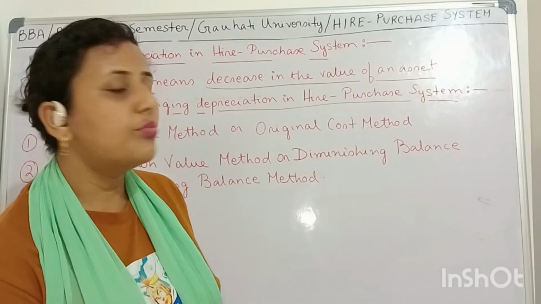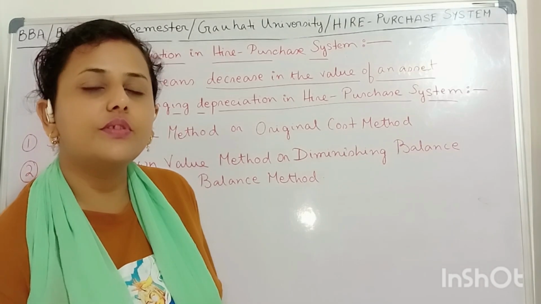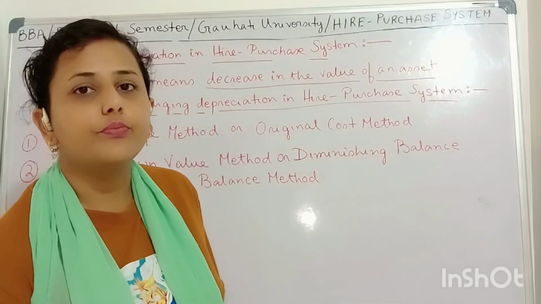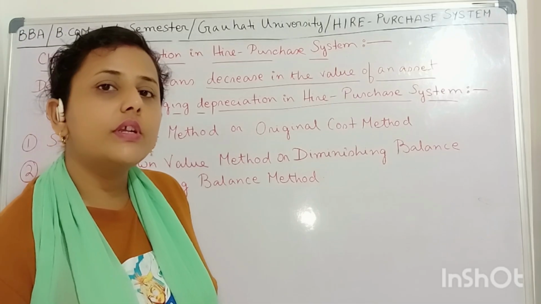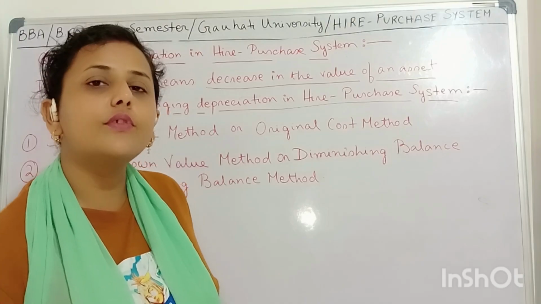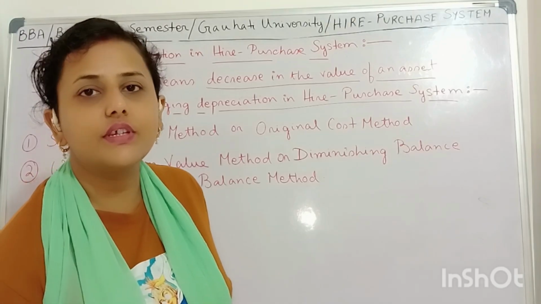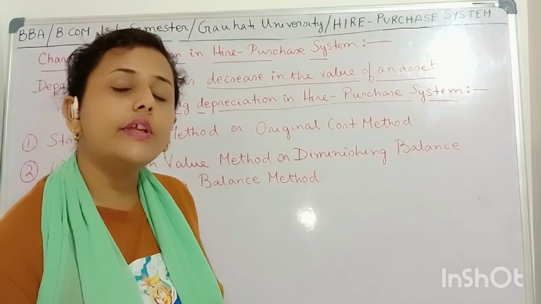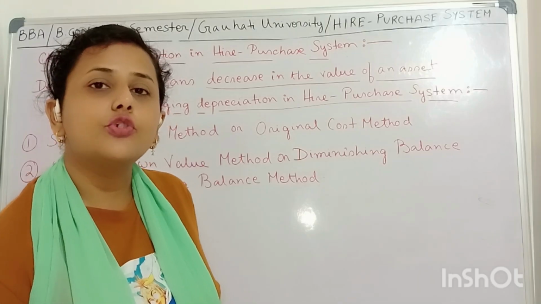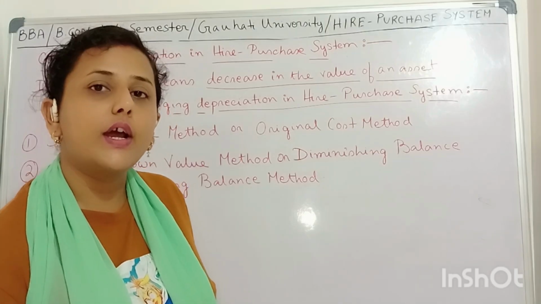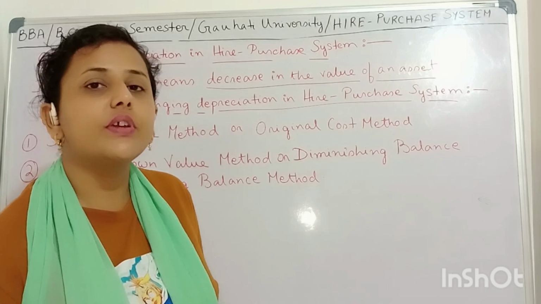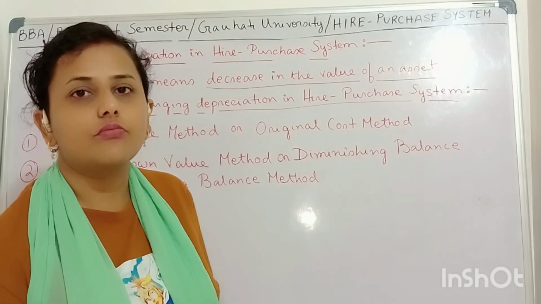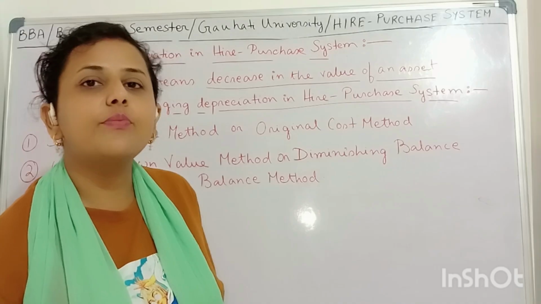So this is a very important topic in hire purchase system, you should know, because sums are going to come. You have to calculate the amount of interest, you have to calculate the amount of depreciation, then only you can pass the journal entries in the books of hire purchaser, in the books of hire vendor, and prepare the ledger accounts. So step by step I am going.